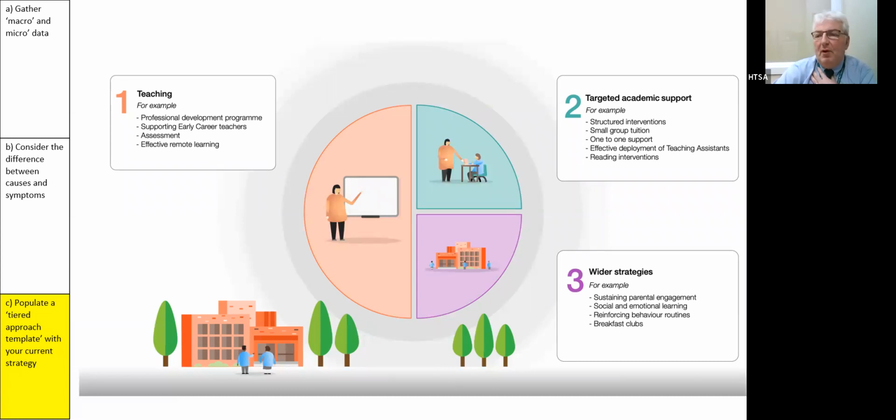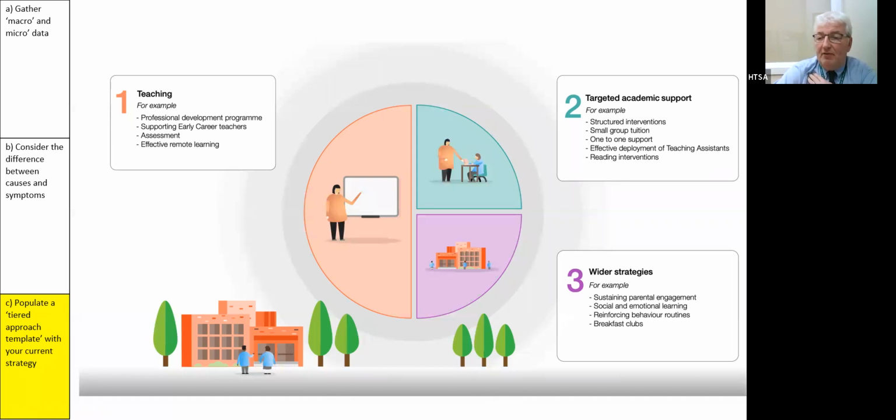But in the next session, we're going to be looking at the tiered approach. This came from research from the EEF and has been adopted by the DfE. And you will know, if you've been involved in the preparation of your pupil premium strategy, that you must complete this in the tiered approach. So it will be a good idea to start thinking about where you're at with your current strategy, and where the activities that you are already doing fit in.